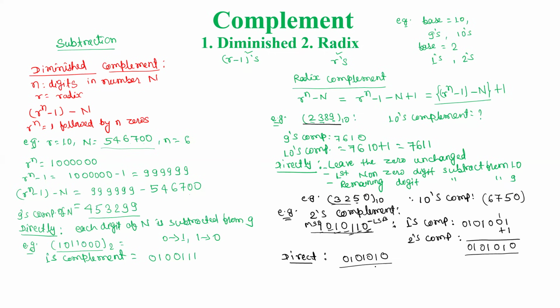So directly also we can find it. What is the rule? Leave 0 unchanged, the first non-zero also unchanged, and for the remaining, change 0 into 1 and 1 into 0. This is how we are able to find the diminished complement as well as the radix complement.